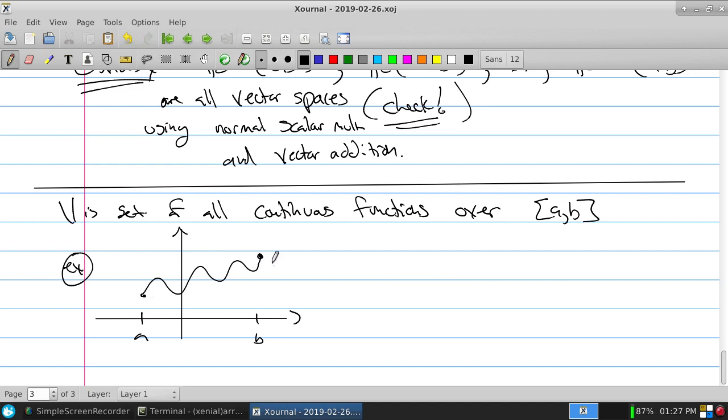So this would be, guess what? V. I'll call him V1. Could you think of another continuous function? How about I start here and I go down and back up? I'll call him V2. What am I doing? All. Are there a lot?